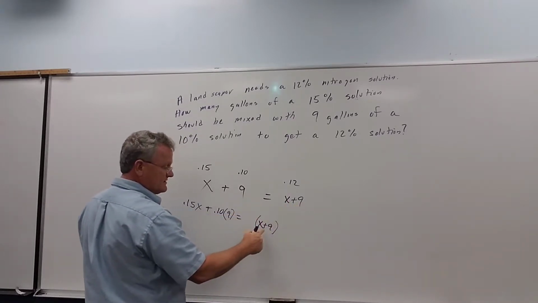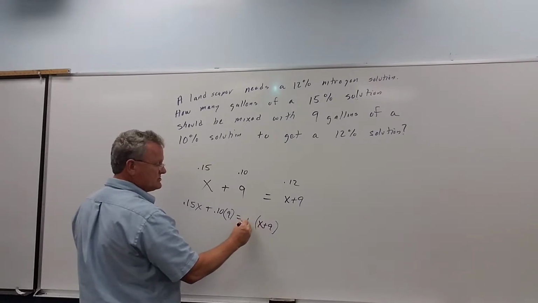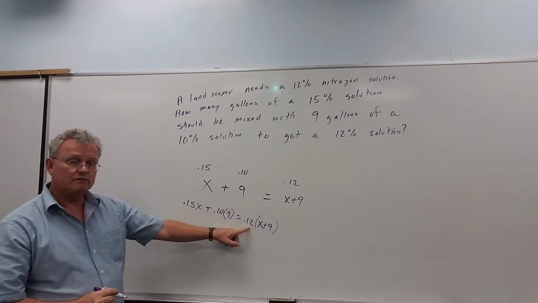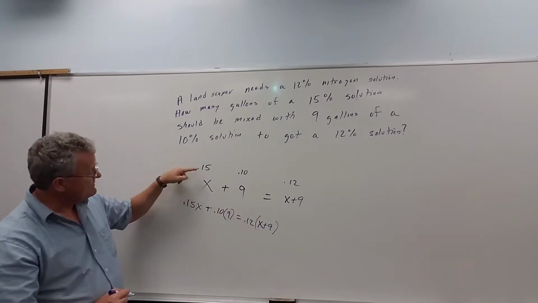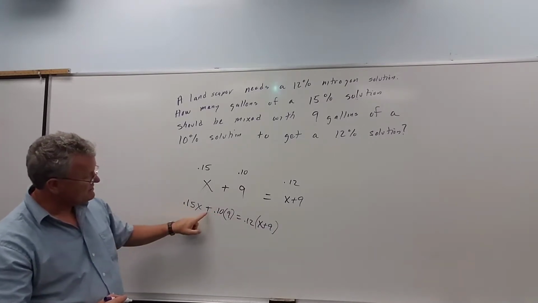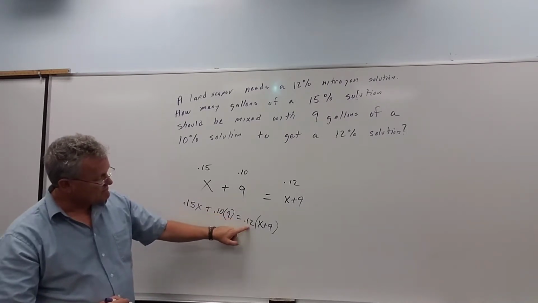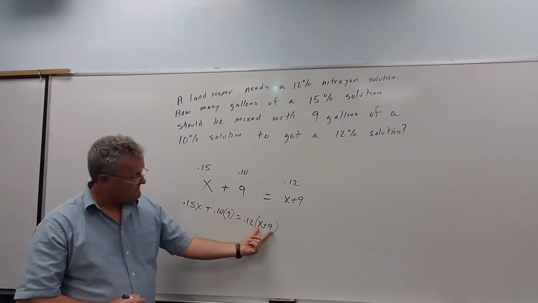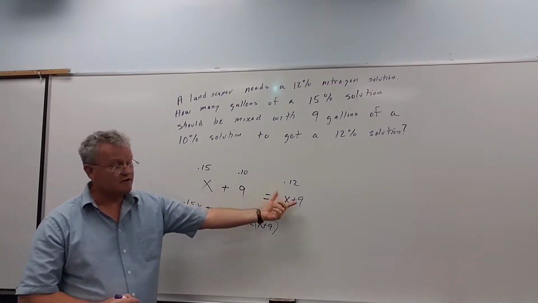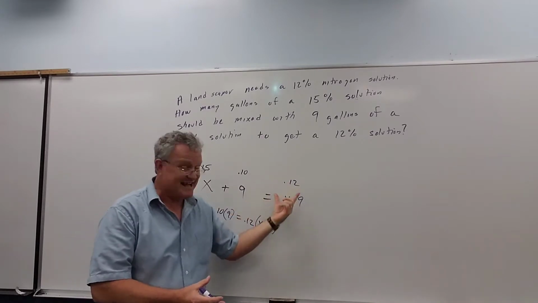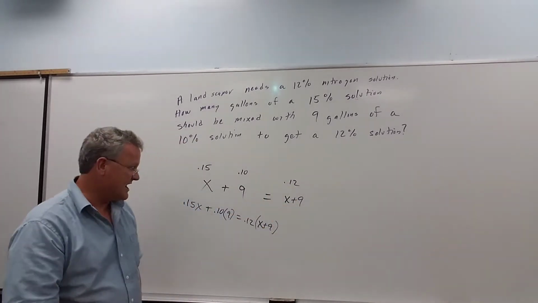The only thing is, this concentration is 12%, so we multiply by 12. So again, we have how many gallons of the 15% are added to 9 of the 10% to get a 12% solution. Well, again, the X plus 9 just comes, because that's however many of these two we mix together, that's how much of the 12% we're going to have.